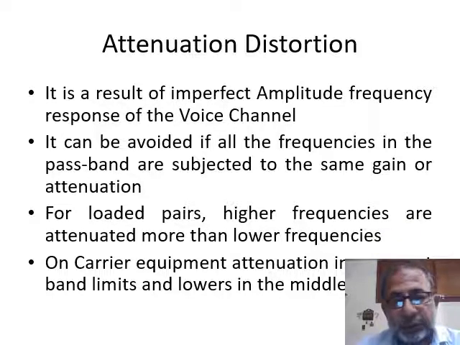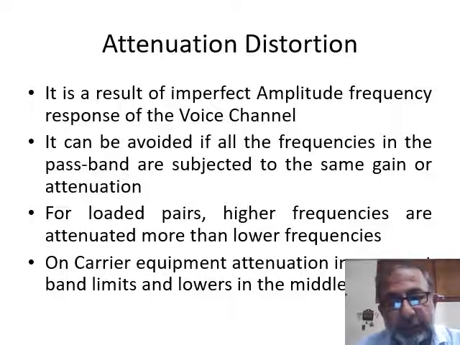Attenuation distortion, we have already seen, is the result of imperfect amplitude frequency response of the voice channel. It means that some of the frequencies are attenuated more than other frequencies. Normally, within the band, the extreme frequencies, the lower and the higher frequencies, are attenuated more, and higher frequencies are normally attenuated more.